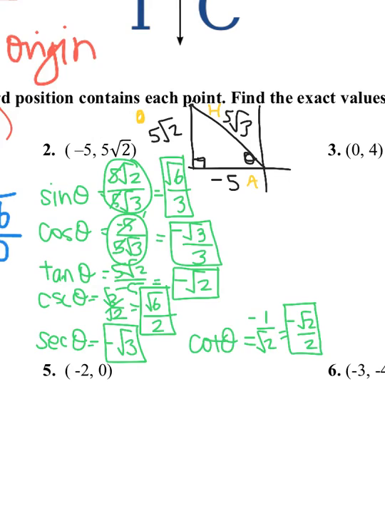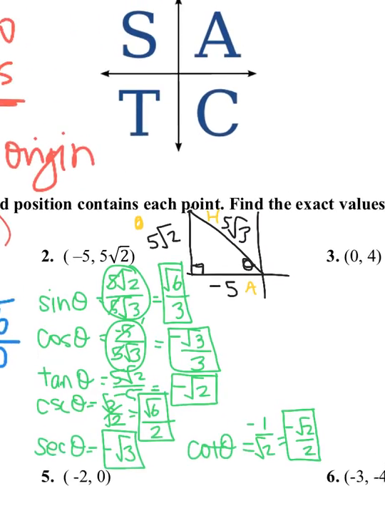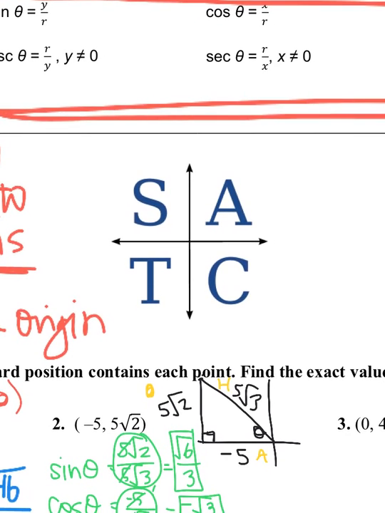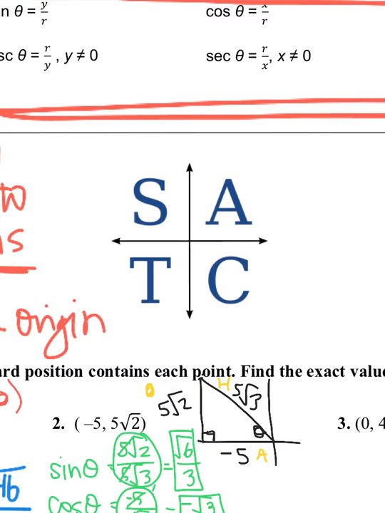In fact, if you go up here, this gives you a summary of when trig functions are positive, depending on what quadrant they're in. So this is which trig functions are positive.